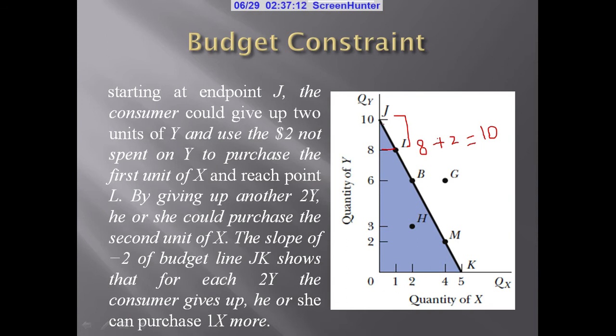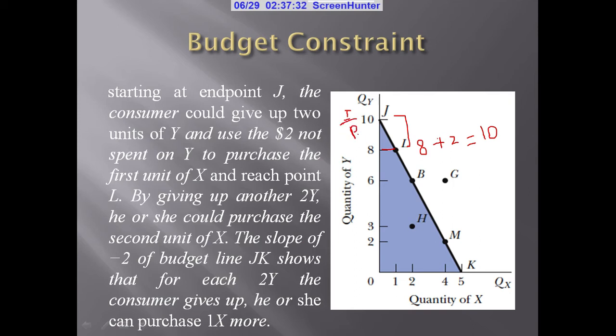The individual at the start was exhausting all of his income to purchase commodity Y, consuming I over PY.